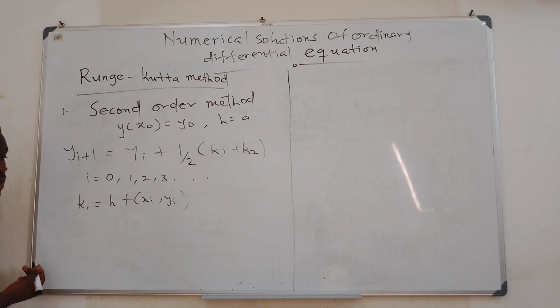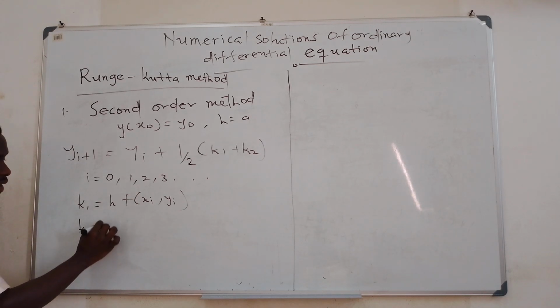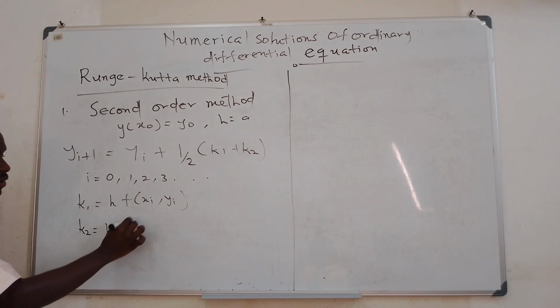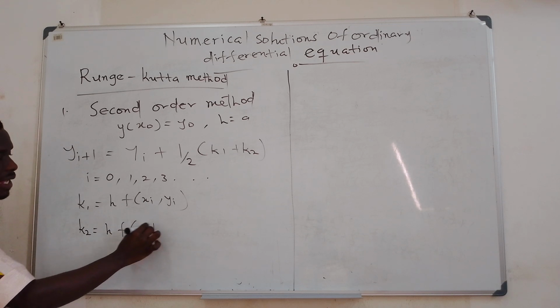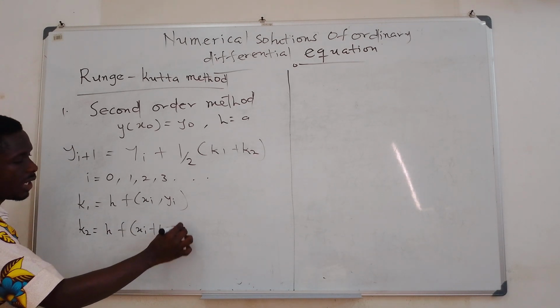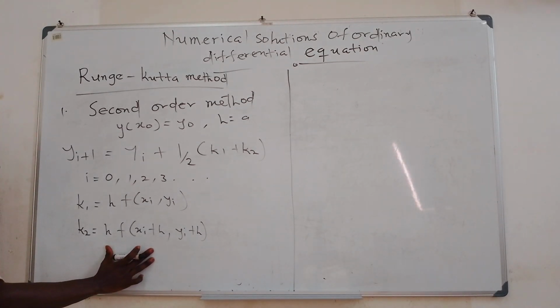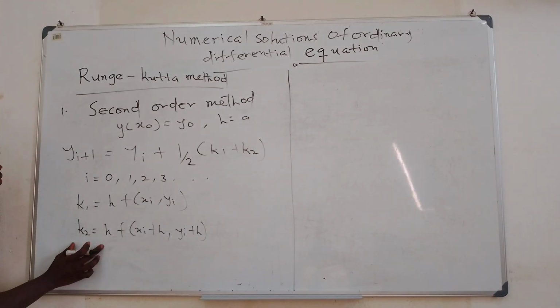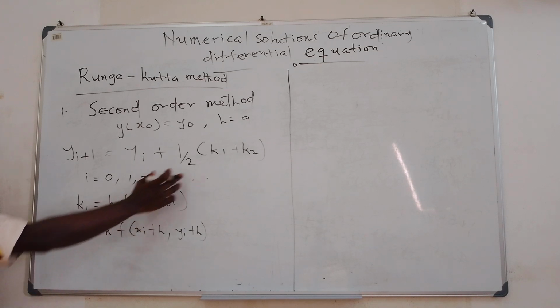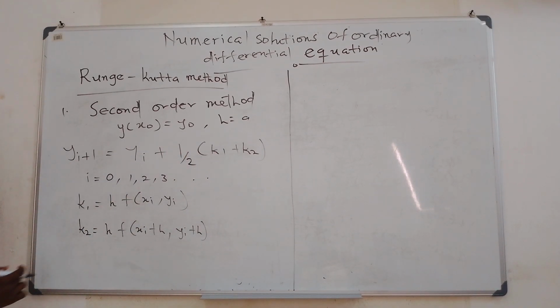And for k2, we get k2 by multiplying h by the function f of xi plus h, yi plus k1. So this is how we get our k1 and k2. You substitute the values in this format. Very good. So this is about the second order method.